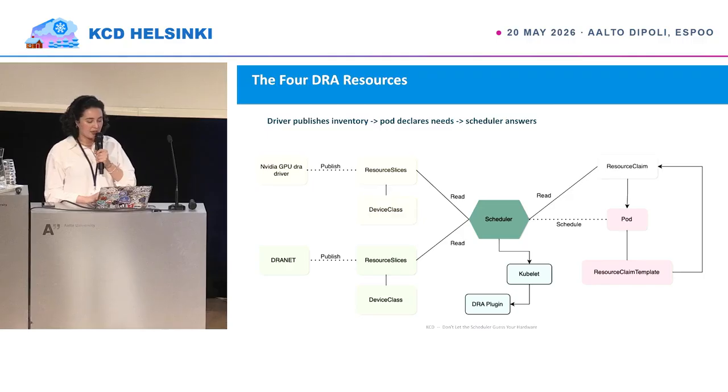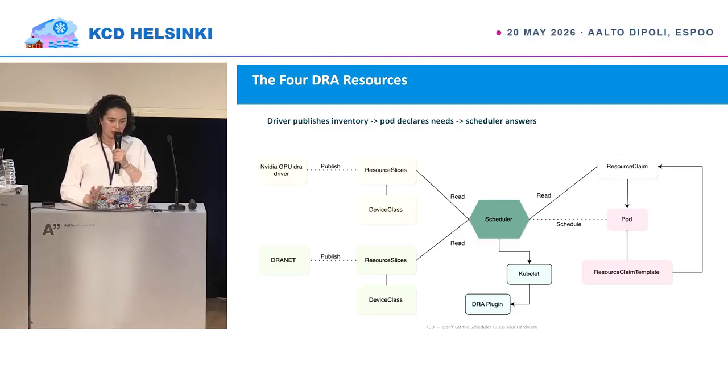Which means that the Kubernetes scheduler reads the inventory published by the driver, evaluates the constraints and the requirements for allocation from the user side, and picks the right node that will satisfy the request. Then the kubelet kicks in and starts the device allocation at the container level.